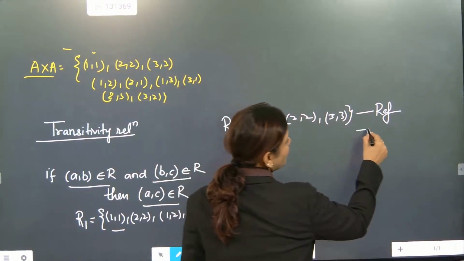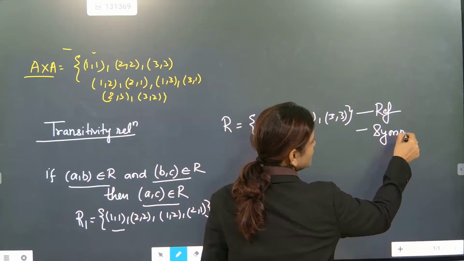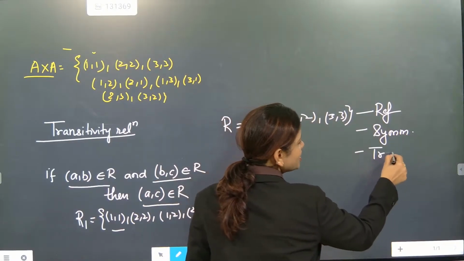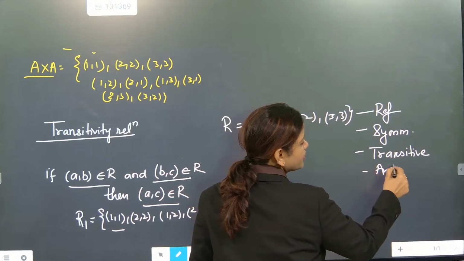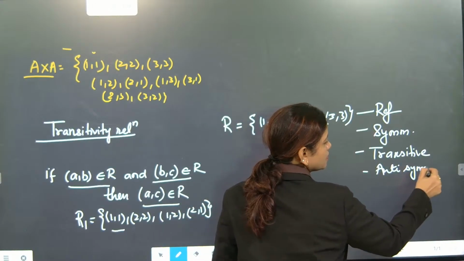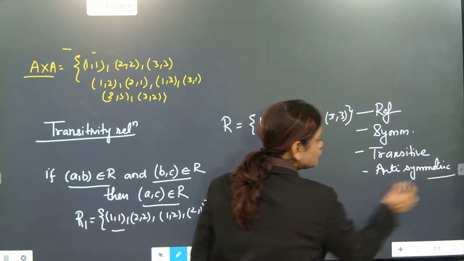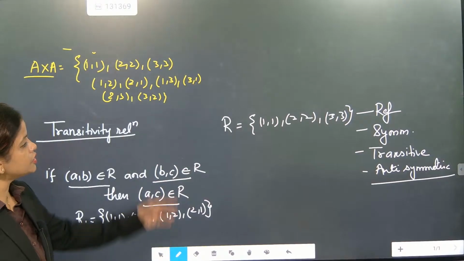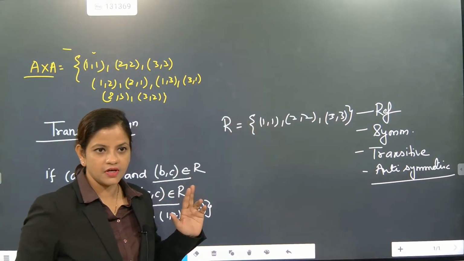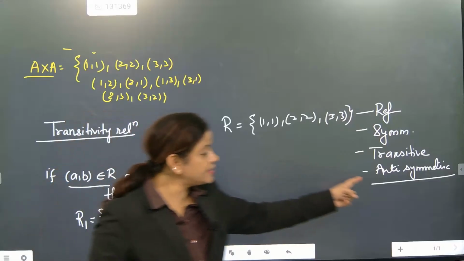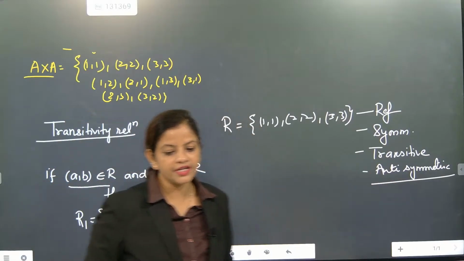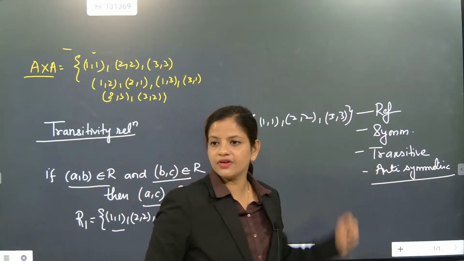Correct? Second, what we learned? Symmetric. Now we are learning it is transitive also, and it is antisymmetric also. Understood the major things? It is not only reflexive and symmetric, it is also transitive and antisymmetric.